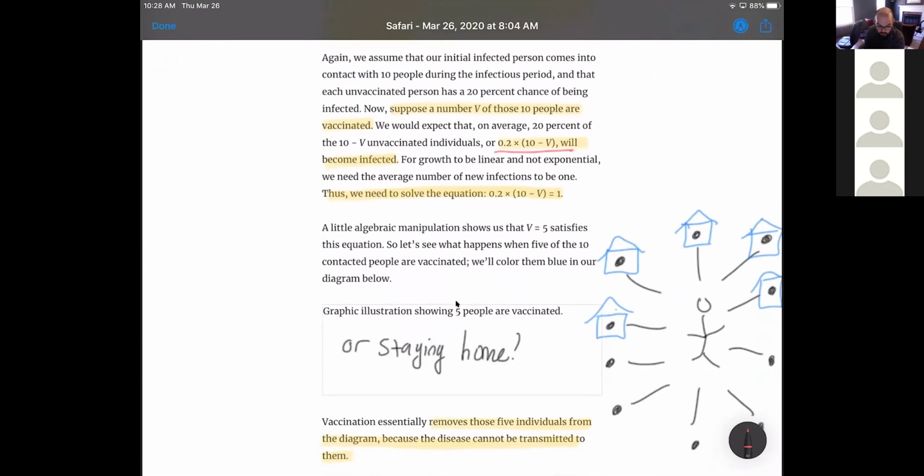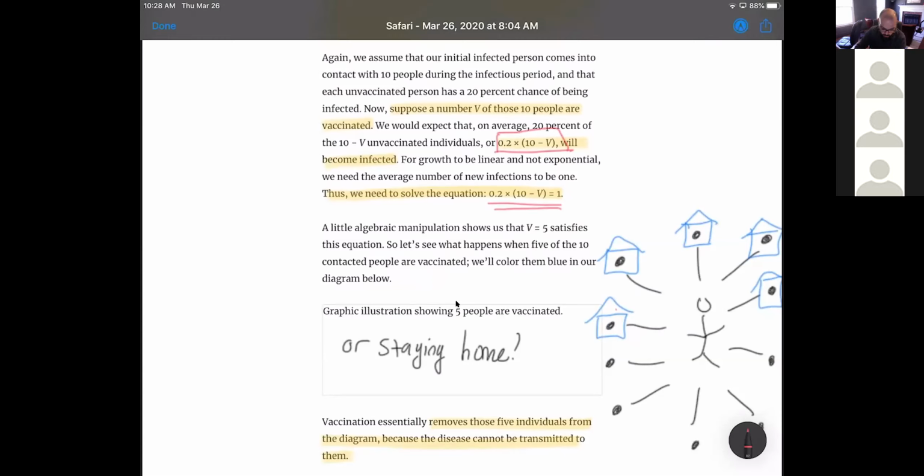This is going to be the R naught, how many people we expect to be infected by any infectious person. And we want to know when that number is going to be equal to 1.